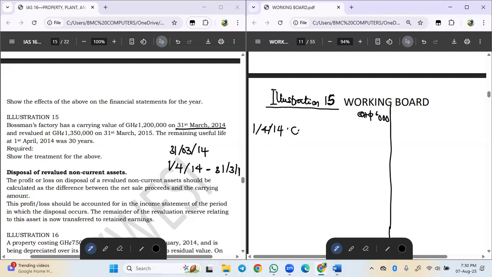So that one is your current value. So that one is 1,200. I've omitted the 3 zeros. Now, calculate depreciation for that particular accounting year, that is from 1st April 2014 to 31st March 2015. So that one will be the current value as at 1st April 2014, becoming depreciation. So that one will be the 1,200 divided by 30 years.